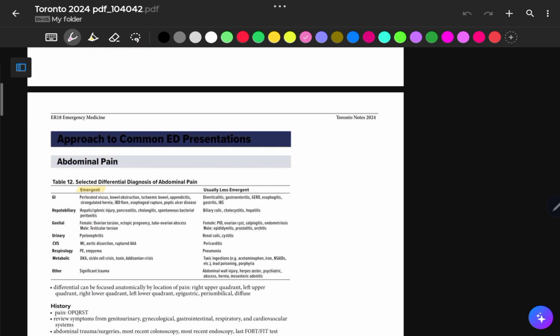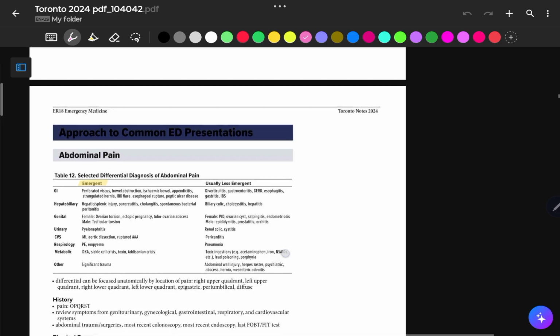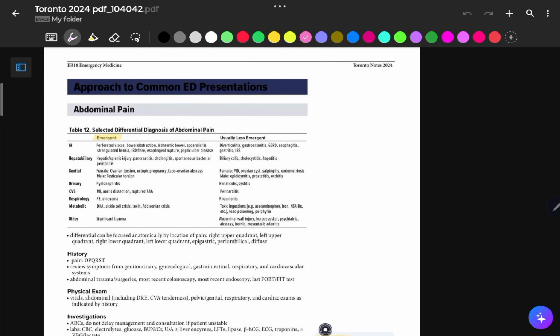Next, let's go further into the approach to common ED presentations. Here we have the differential diagnosis of abdominal pain. The most urgent ones could be GI involvement: perforated viscus, bowel obstruction, ischemic bowel, appendicitis.